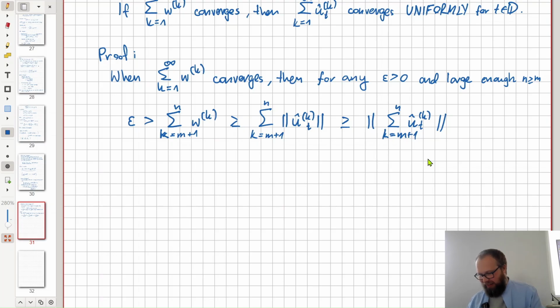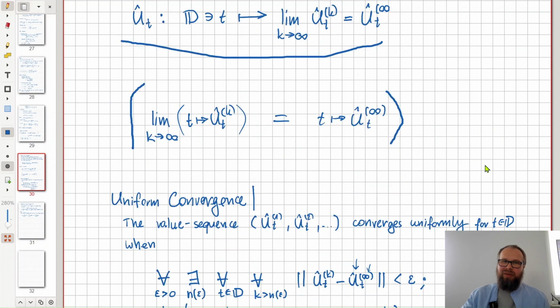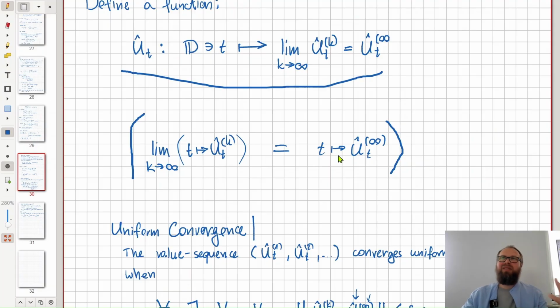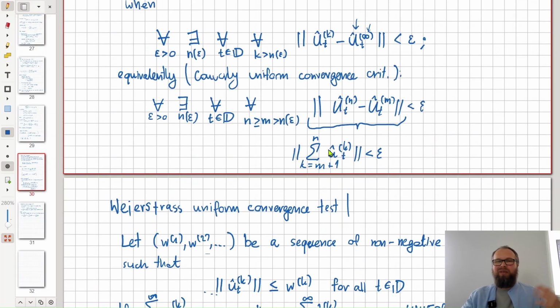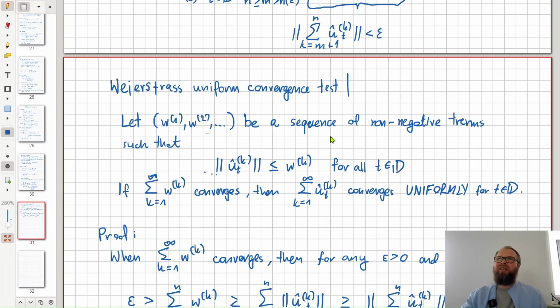Yeah, so that's uniform convergence for you. That's the Weierstrass uniform convergence test, the best test. Basically, you don't need anything more. And now, I was advocating for uniform convergence because it allows us to say that the sequence of functions converges to a function, but that would be just talk.